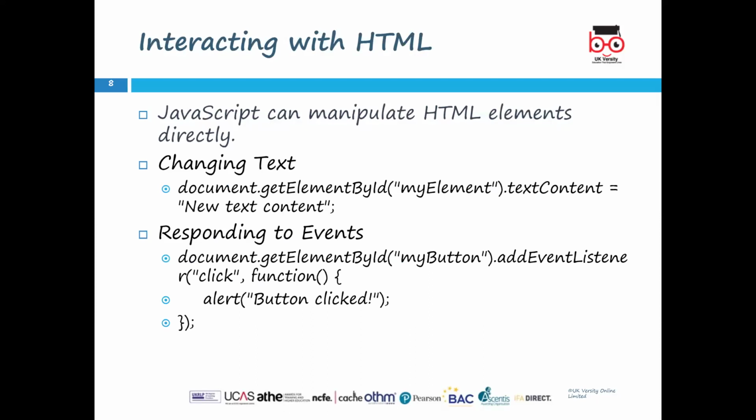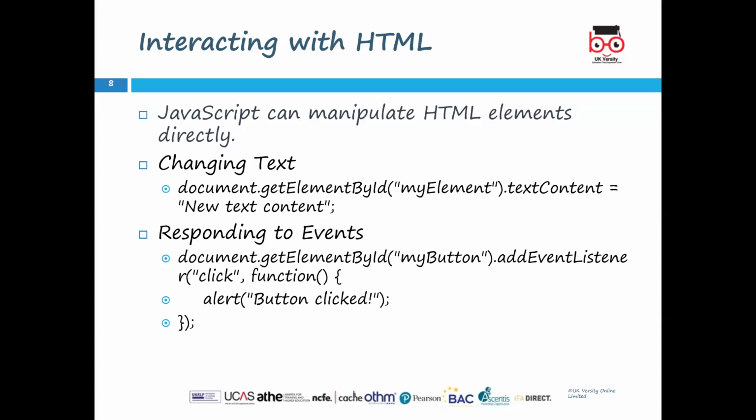Also, we have interacting with HTML. So you remember how we did the example of the document object model, the DOM, where we can now use our JavaScript to interact with our HTML. Okay.